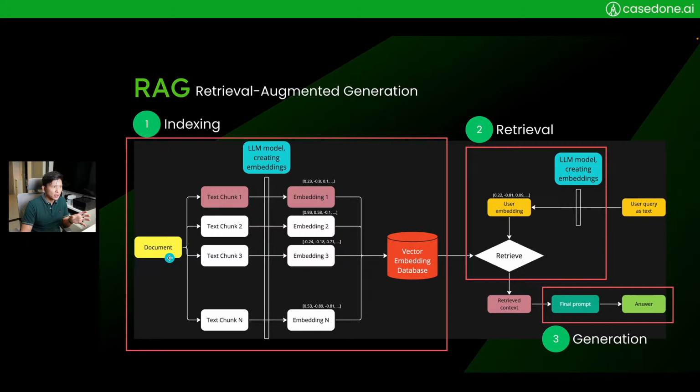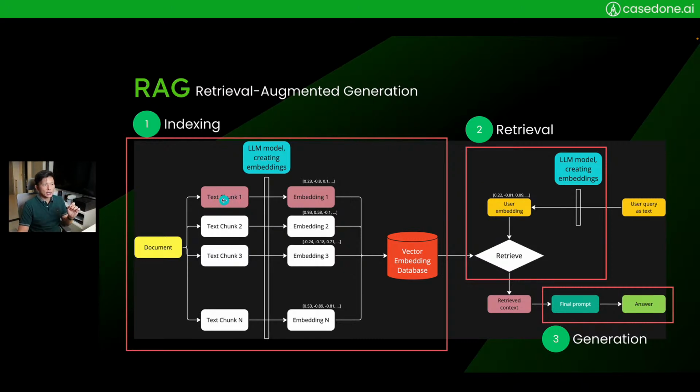You need a way to load information from it in order to be processed. For example, if this is a text document of 100 pages, you might decide that one page is one chunk. By the way, you don't need to follow this. Maybe you want a chunk to be 1,000 words. You can do that too. But basically the idea is you break down the document into several chunks.